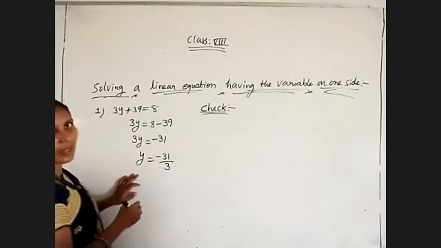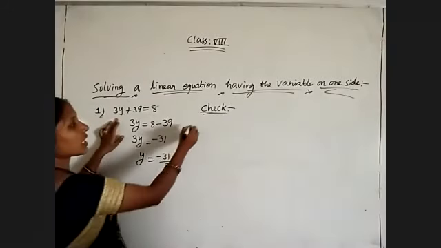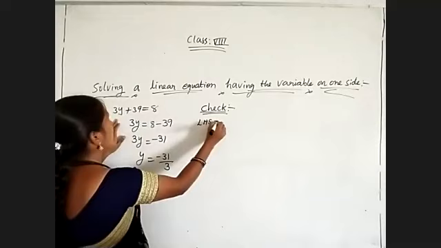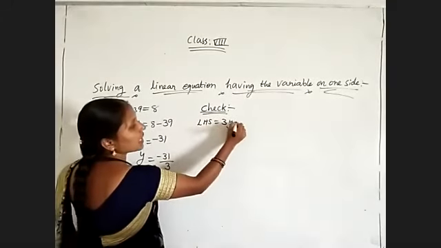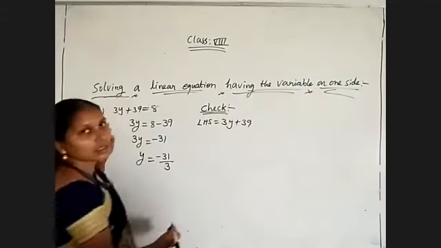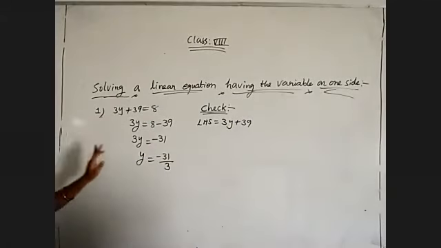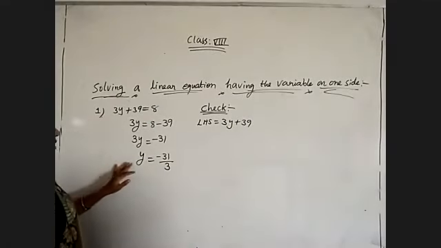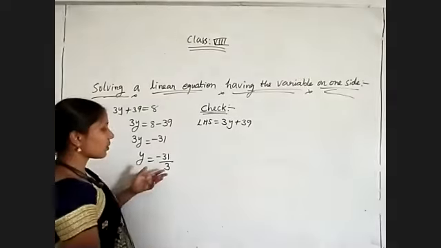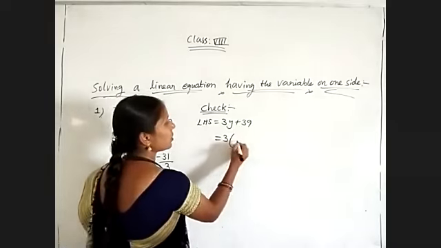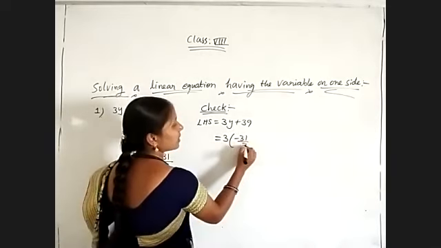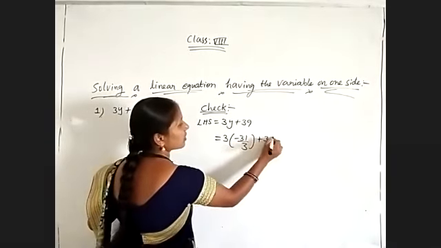So for checking purposes, what is the LHS of this equation? 3y plus 39. Yes? Now whether it is correct or not, we will check. Take the y value as minus 31 by 3. So 3 into minus 31 by 3 plus 39.